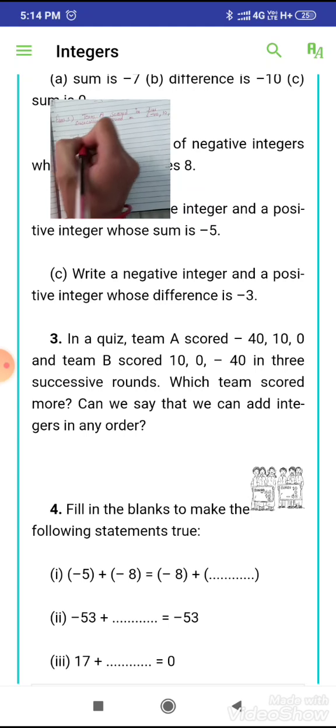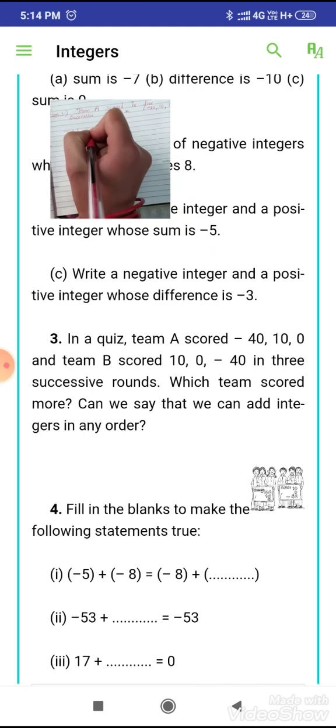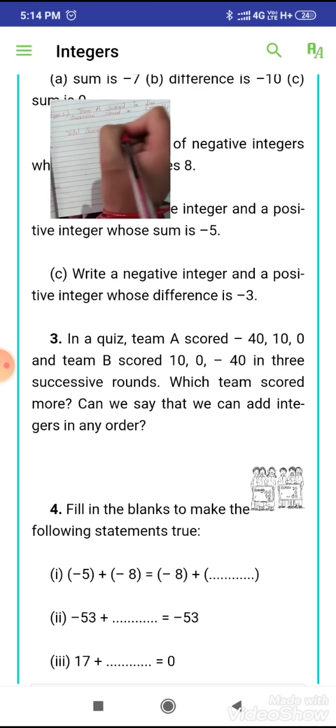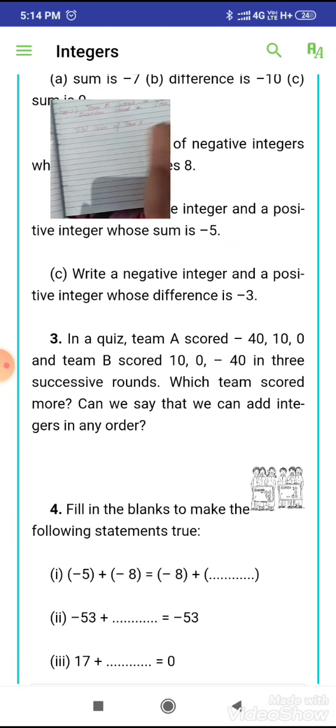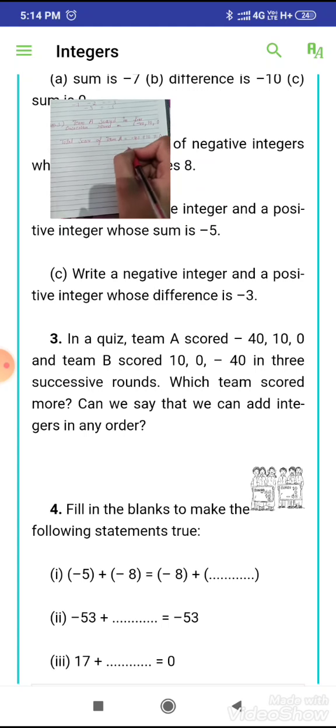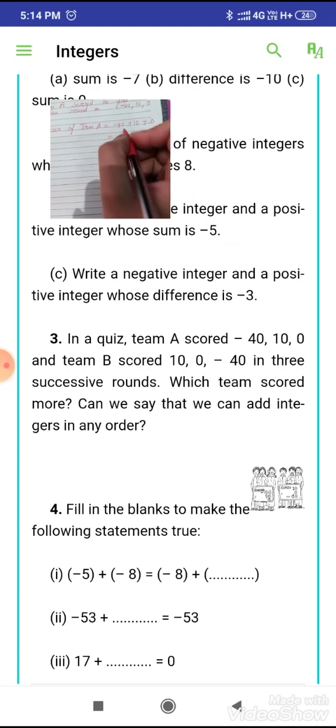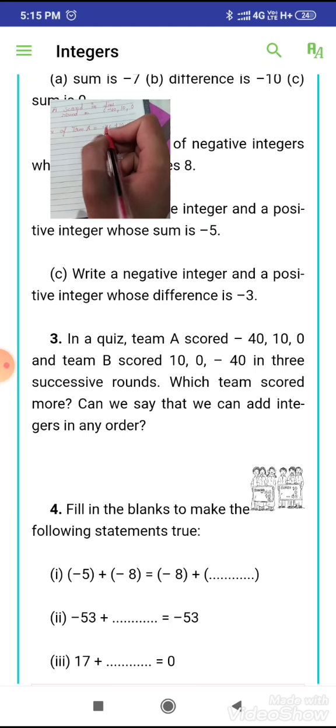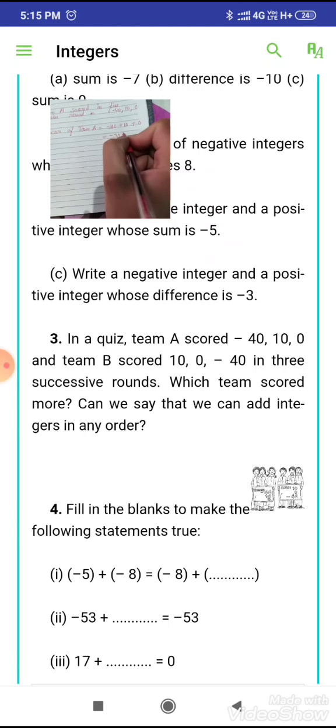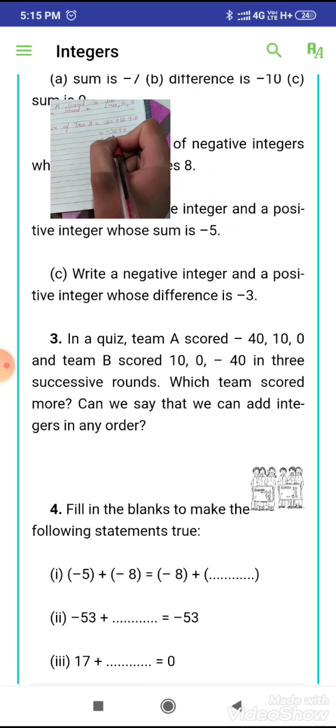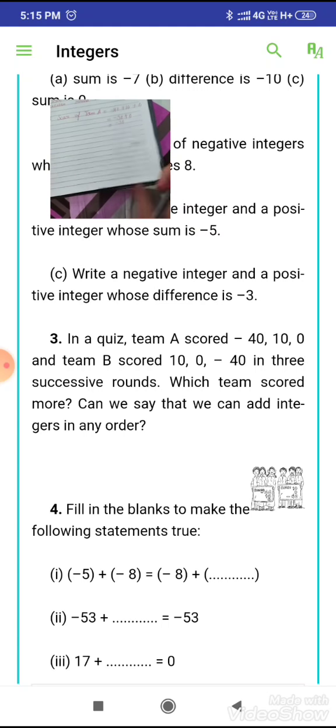Total score of team A is equal to -40 plus 10 plus 0. So -40 plus 10: minus plus is minus. We have to subtract these two integers and our answer is 30. And we put the sign of the greater number, so it is -30 plus 0. If we add 0 to any integer, the answer will remain the same, so our answer is -30.